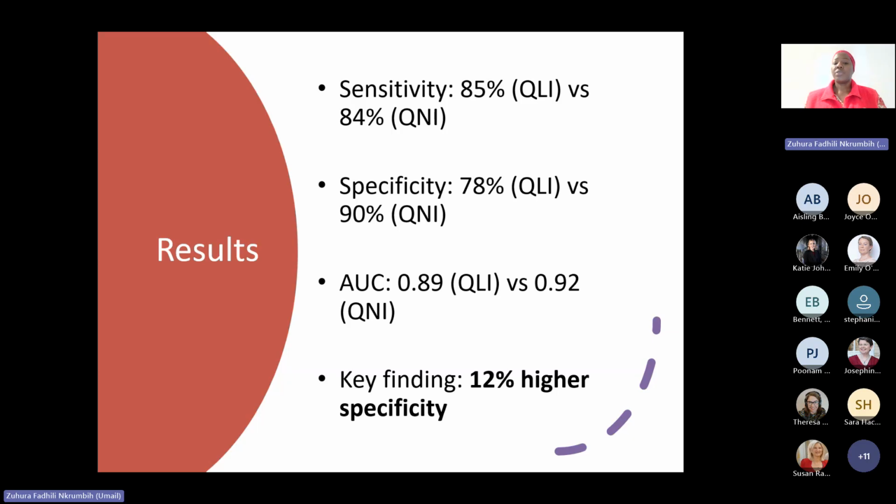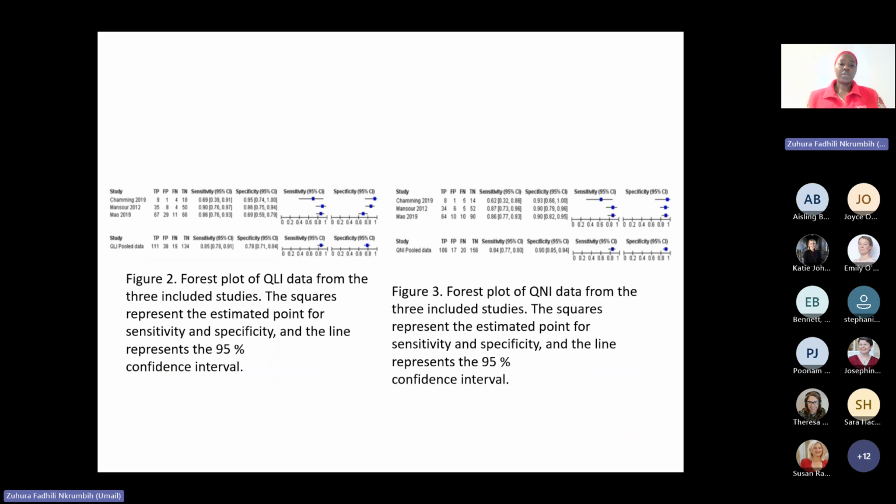Sensitivity was numerically higher with quantitative analysis, but the difference was not statistically significant. These are 2 forest plots showing the individual results for the included studies and the pooled results for sensitivity and specificity in both qualitative and quantitative analysis.